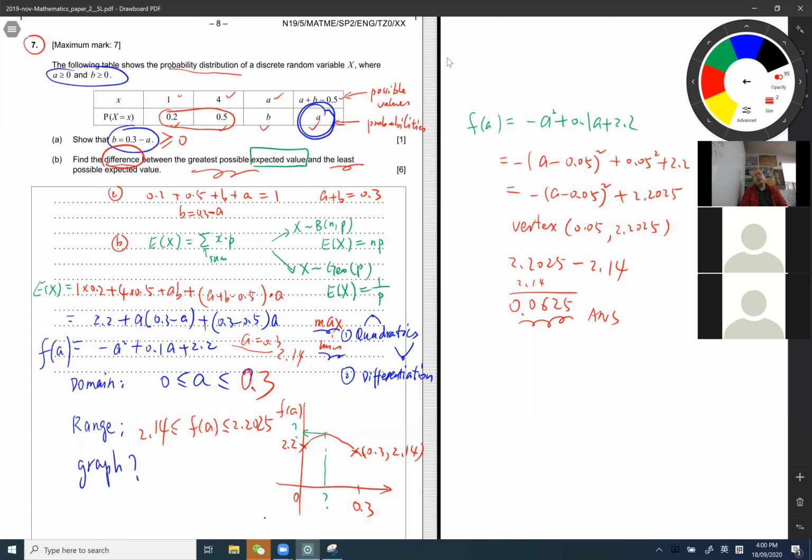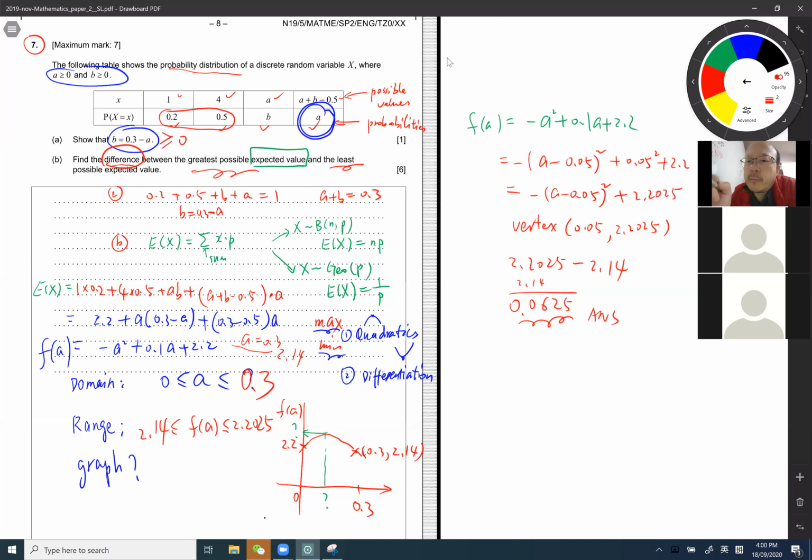This question, we revised discrete random variable probability distribution. We revised the expected value. We revised the quadratics and how we find the maximum. After you sketch graph, how we find the range, also the domain.